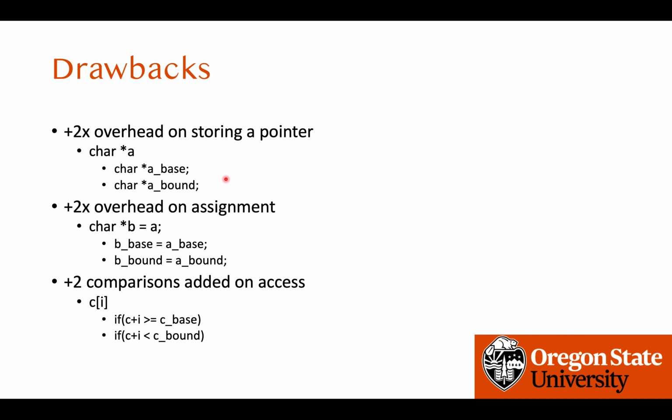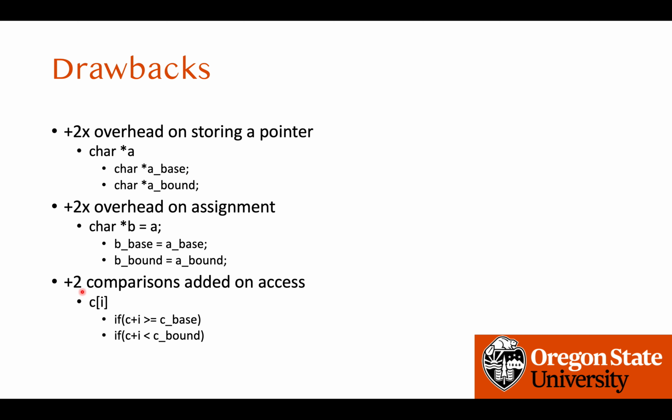Some examples of the sources of the performance degradation are as follows. Whenever we apply operations to a pointer, so in a pointer assignment, we need to assign two more values, so there will be an additional 2 times of overhead, actually 300% in the execution time for the pointer assignment, and we even need 3 times more storage for storing a pointer, because we need to store the address as well as the base and bound.